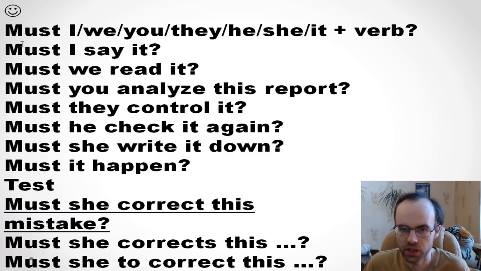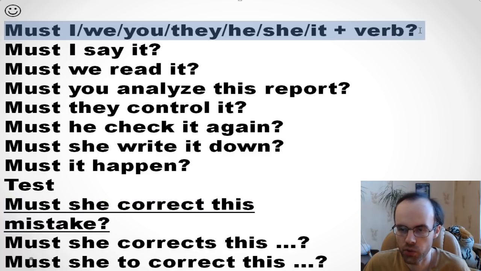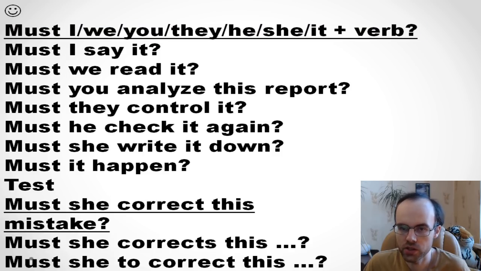Okay, very good. So must I, we, you, they, he, she, it: must I say it, must we read it, must you analyze this report, must they control it, must he check it again, must she write it down, must it happen, test, must she correct this mistake?